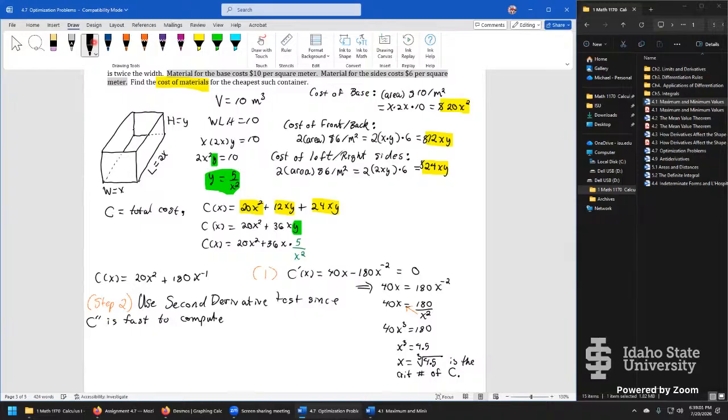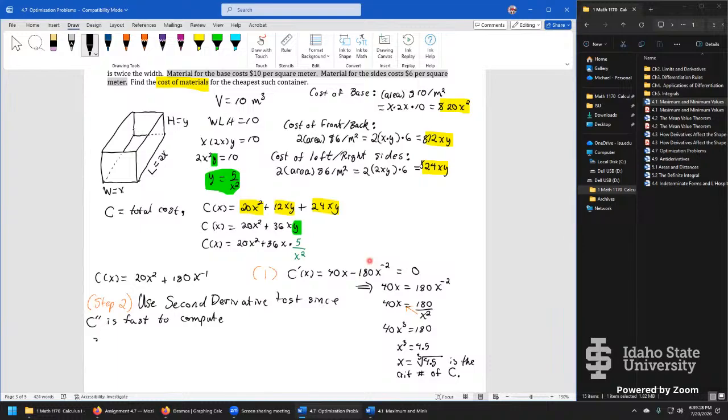We also need to show c double prime is always going to be positive, so that's part of it. But this is a good indication you should try the second derivative test. If computing the next derivative is almost immediate, it's worth looking into.